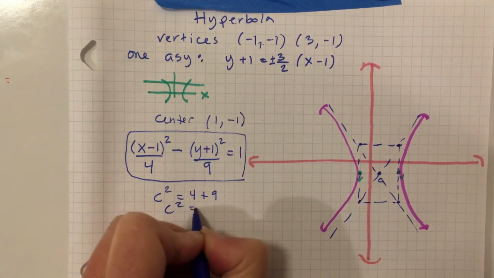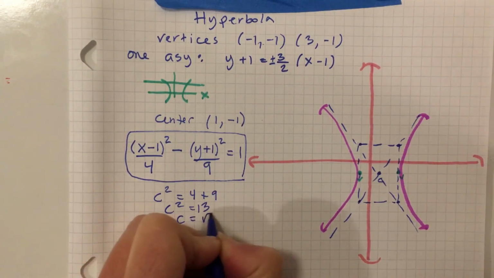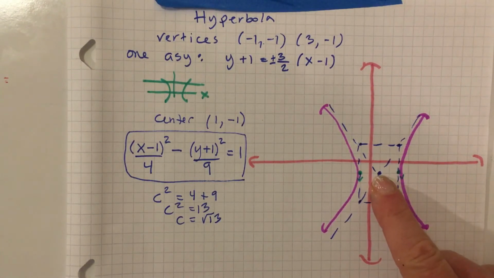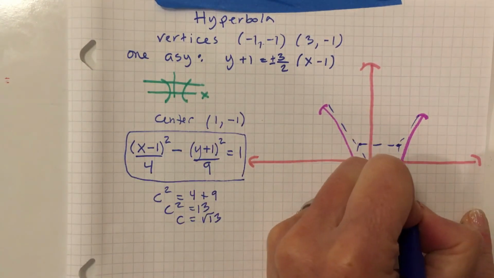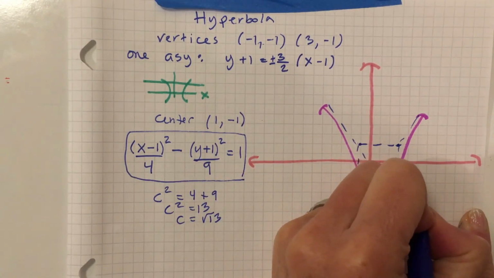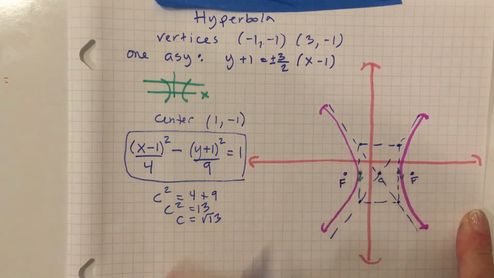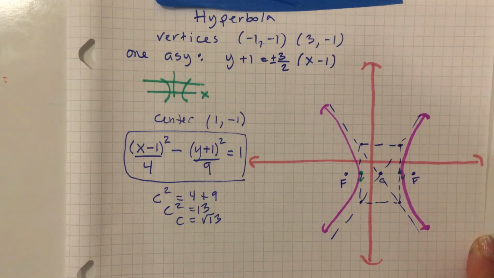So c squared equals 13. So c equals the square root of 13. So from the center, you're going to go out the square root of 13, which is about 3.5-ish. And I do want you to tell me those exact points.